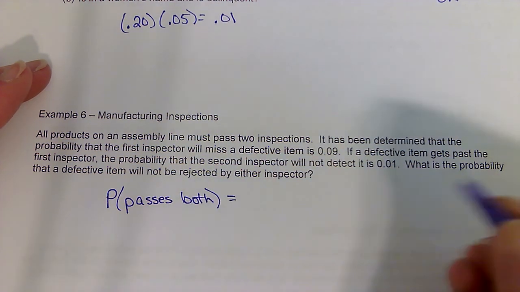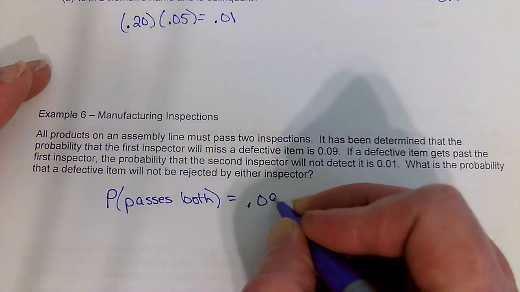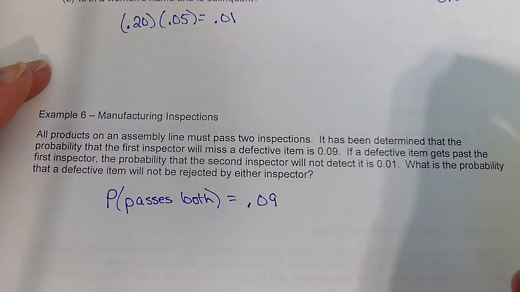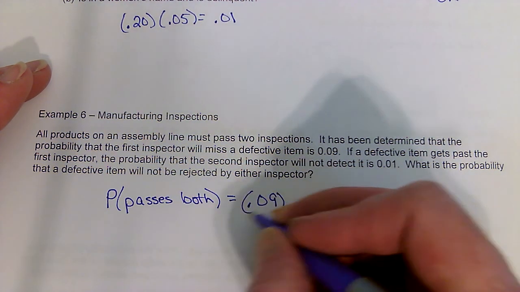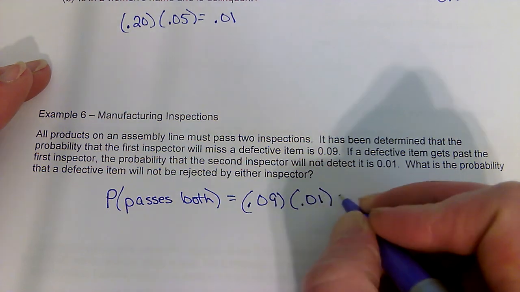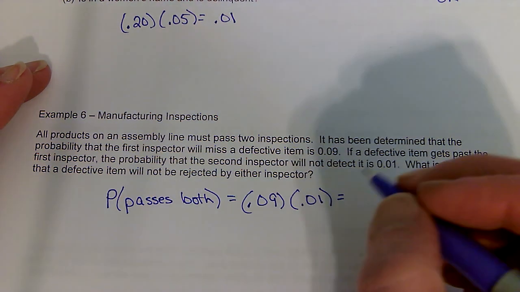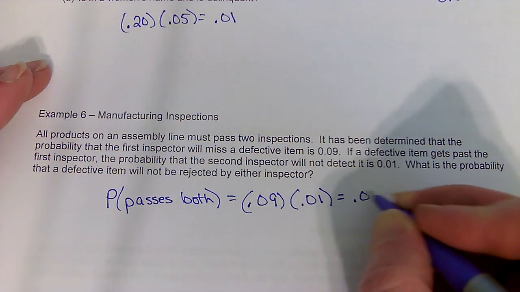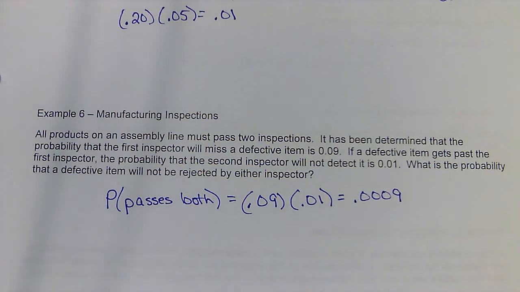What's the probability that it passes the first guy, that he misses it? Well, it's 0.09. What's the probability that the second inspector does not detect it? It's 0.01. So the probability that both of them miss that defective item is 0.0009. It's really, really low.